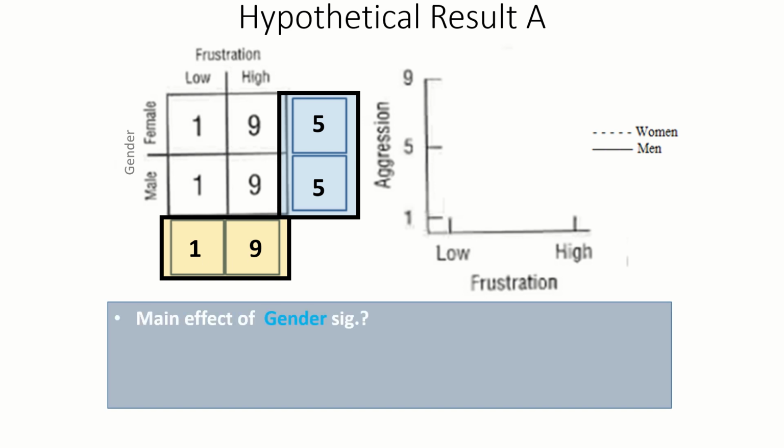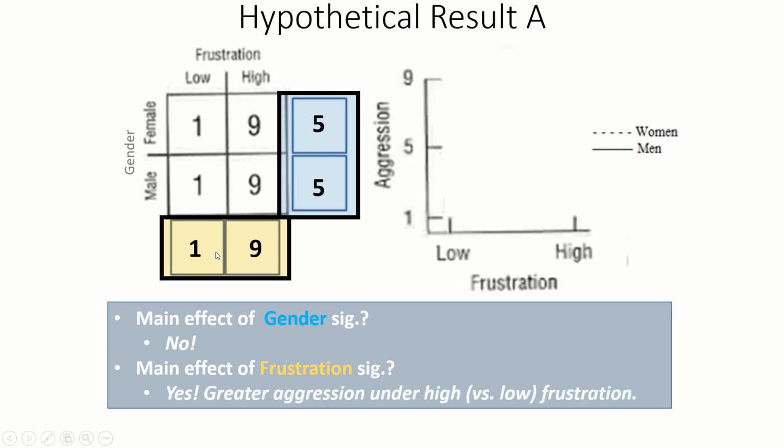So is the main effect of gender significant? So looking here, right, looking at the marginal mean for women and for men, is the main effect of gender significant? No, right? These means are the same, so we'll treat those means as non-significantly different. Is the main effect of frustration here significant? Yes, right? Because we're assuming, again, any difference in these hypothetical results is a significant difference, right?